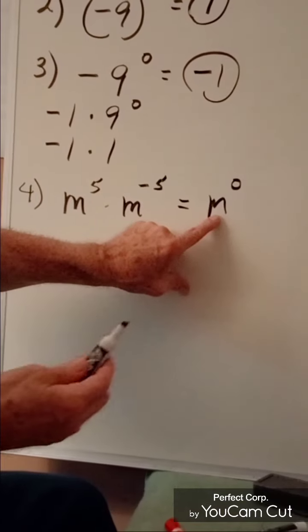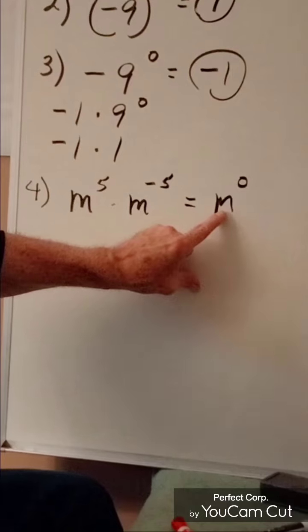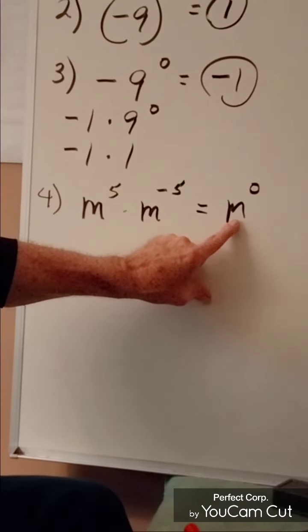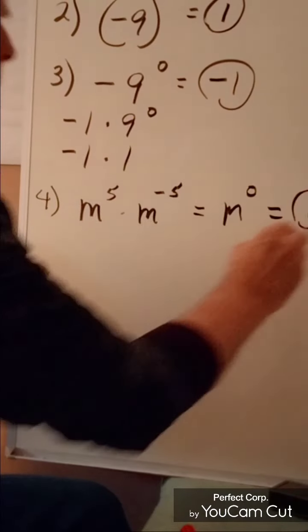We will assume that, and an instruction will tell you that. Therefore, if m cannot be equal to 0, then it must be a non-zero value, and any non-zero value taken to the 0, 1.